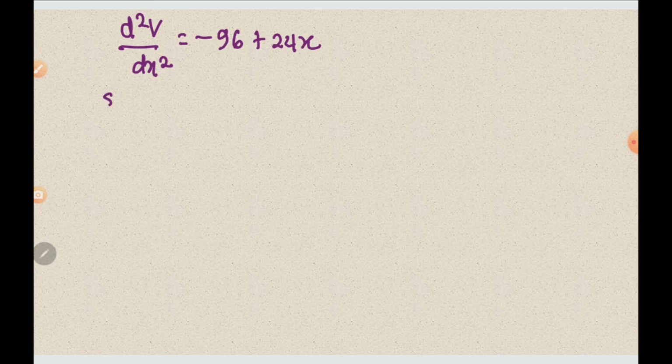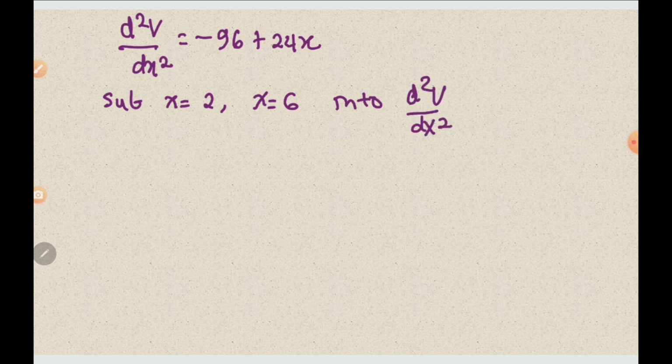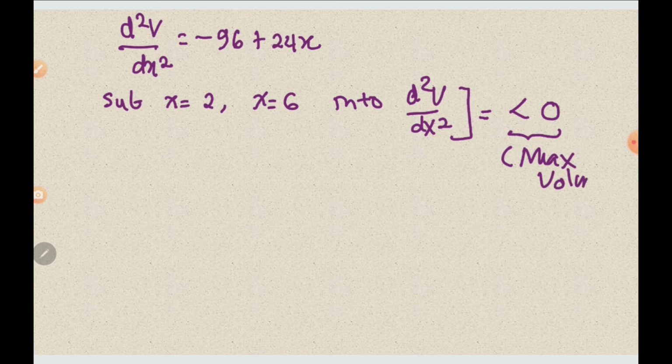We will substitute x equals 2 and x equals 6 into d squared V over dx squared, and we have to check which one will give a negative value for d squared V over dx squared. That is, the value should be less than 0 to get the maximum volume.